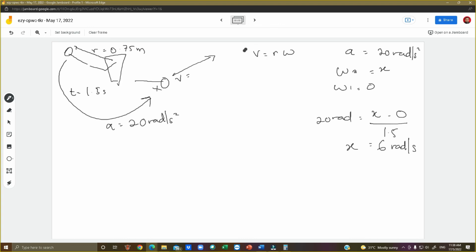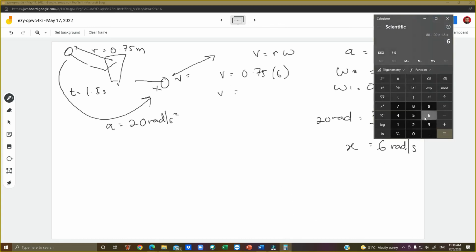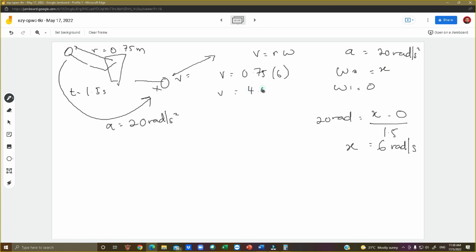Okay, 6 radian per second. Now, we can find out V dia. V equals to R 0.75 times with 6. Dapatlah berapa laju bola itu terbang. 4.5 meter per second.